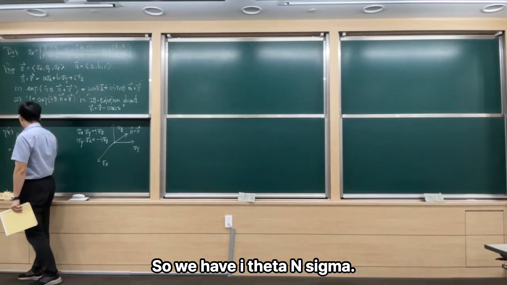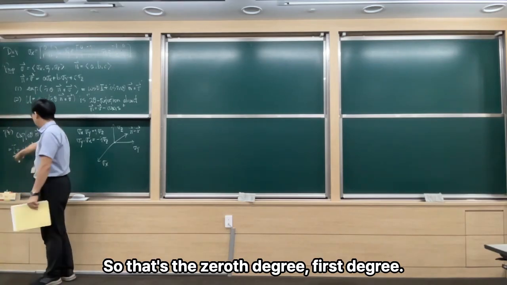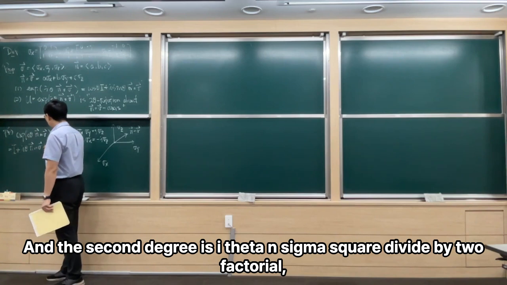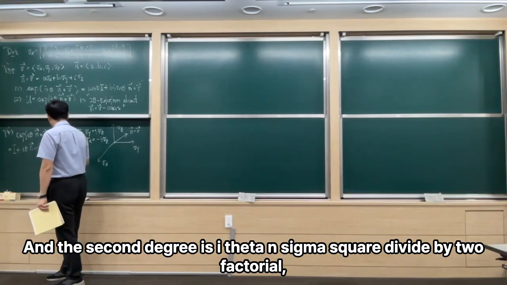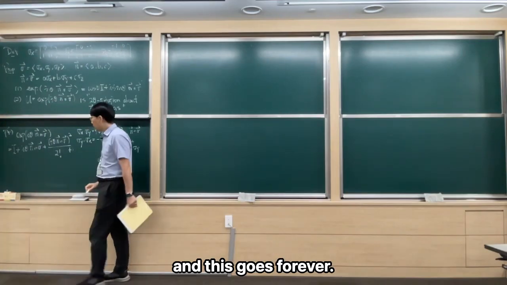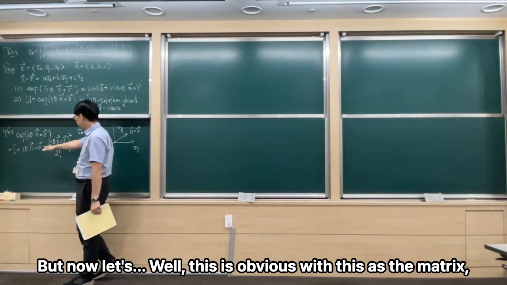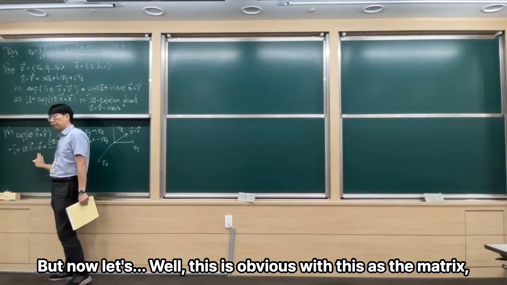So we have I, i theta sigma, that's the 0th degree and first degree, and the second degree is i theta sigma squared divided by 2 factorial, and this goes on forever. But now this is obvious, it's just a matrix.